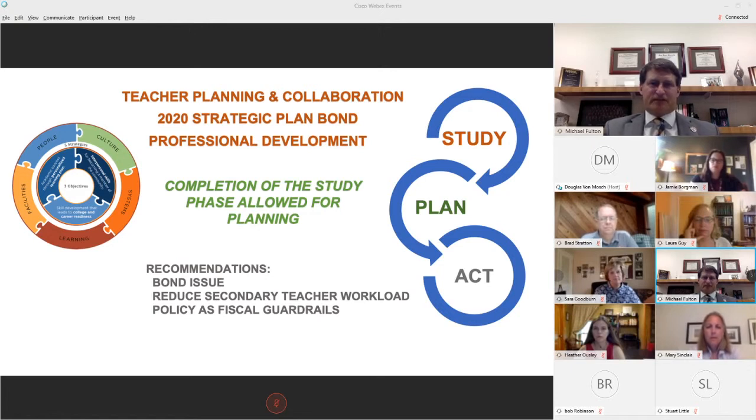The study phase for these 3 topics is now complete, and we're prepared to make some specific recommendations regarding each topic. It's important to note that as a board, you're not being asked to vote on any of these tonight. Instead, you have an opportunity in this presentation to get a 30,000-foot view of these topics and then ask questions that either stay at a big picture level or go closer to the ground.